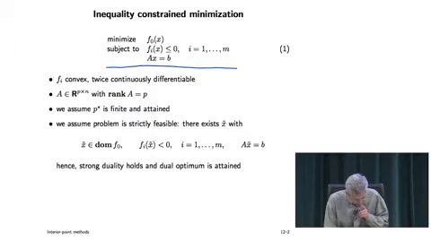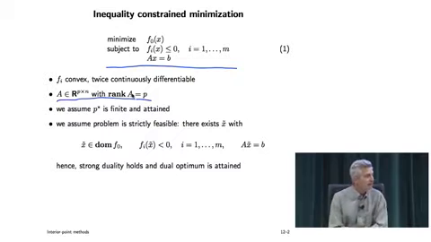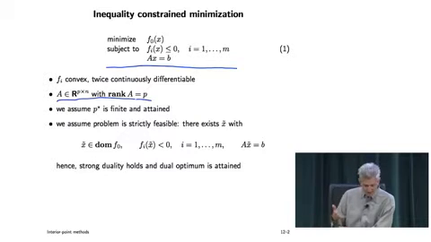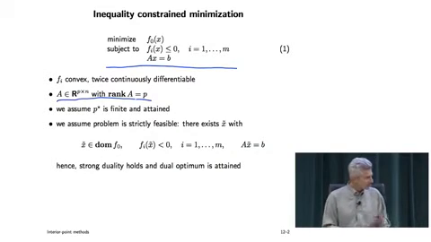Okay, so we'll make some assumptions. We'll assume that A is full rank, right? So we don't have redundant equality constraints. And we'll assume that there's a solution, right? That there is an x that satisfies this. And we'll assume strict feasibility. I mean, you don't even need a lot of this stuff, but these are sledgehammer assumptions.